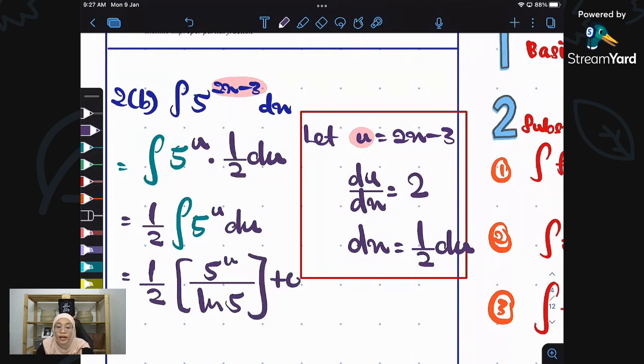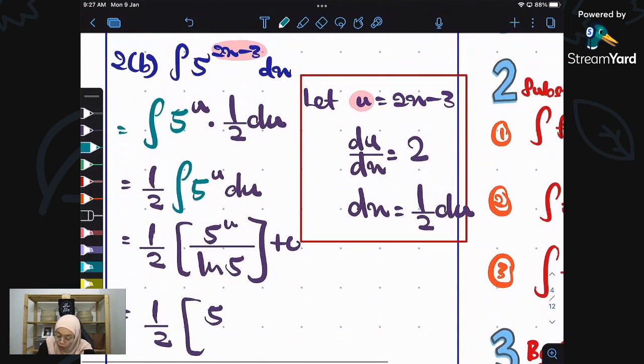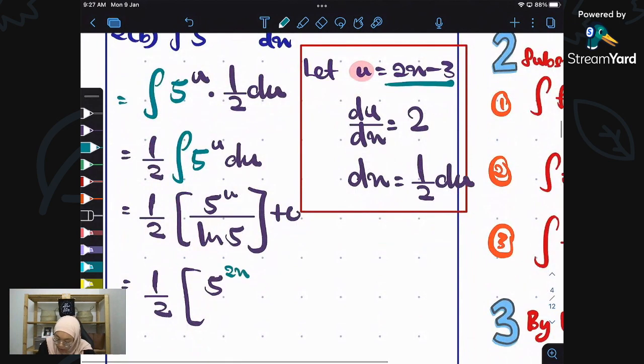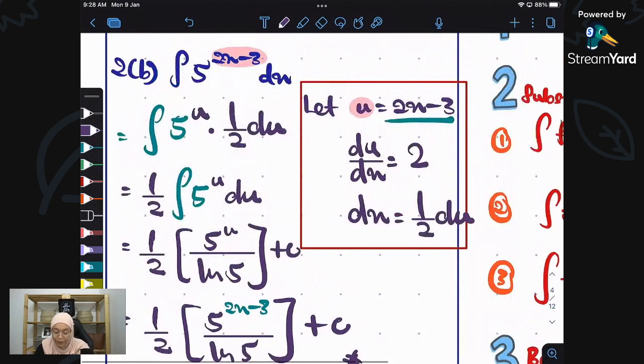If you forget how to integrate exponent functions, please watch the previous video. Therefore, the answer is 1 over 2 in bracket 5 to the power of u, where u changes back into 2x minus 3, and the rest is just over ln 5, plus C. That's it. That is your answer for question 2B.